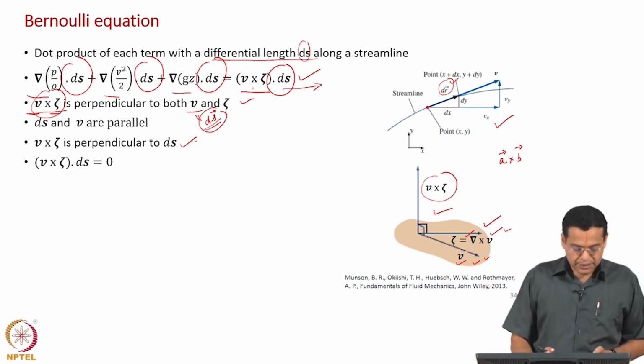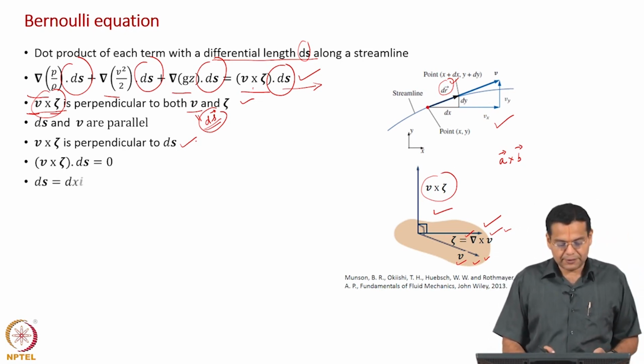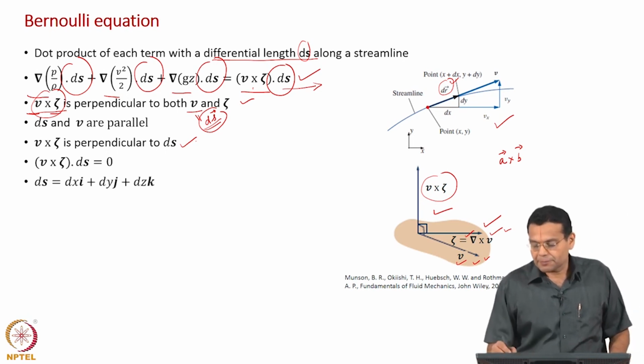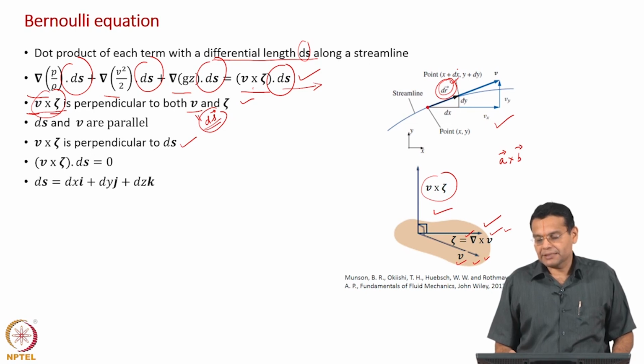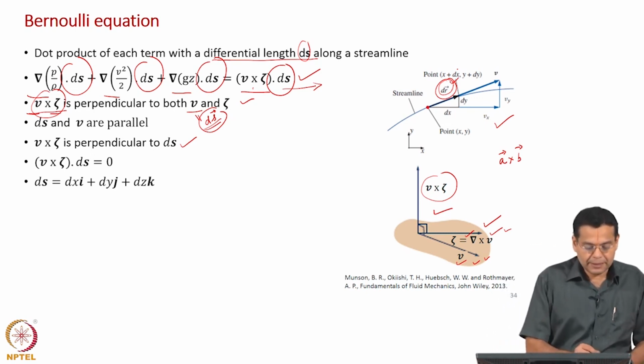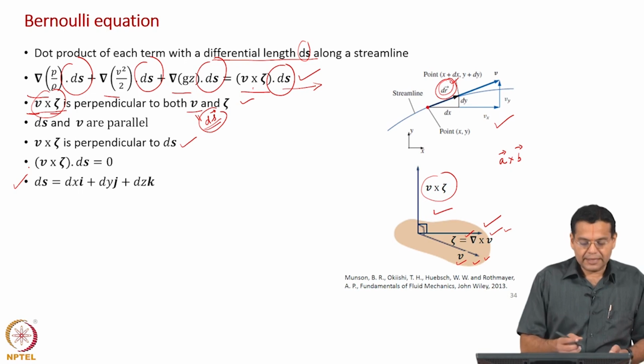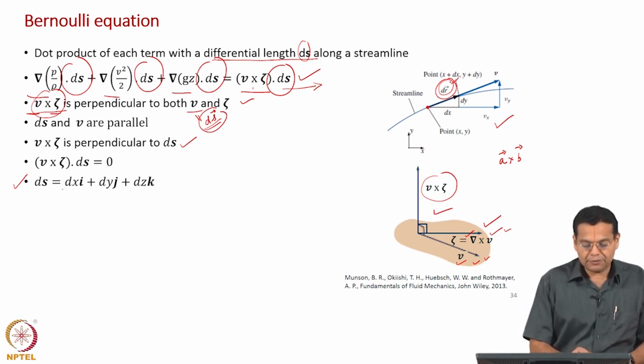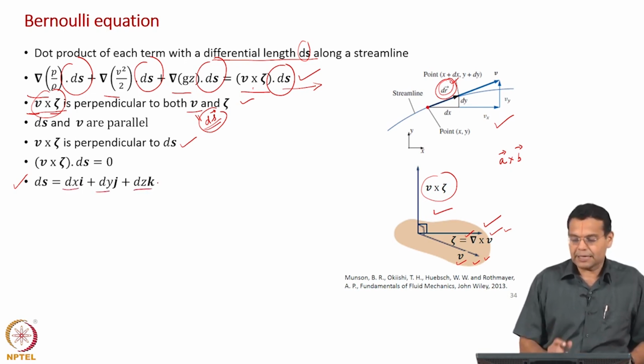Now, let us take the left hand side and see what happens. Here we express the dr vector in terms of dx i, dy j, dz k. Similarly, the ds vector is expressed in terms of dx i, dy j, dz k.